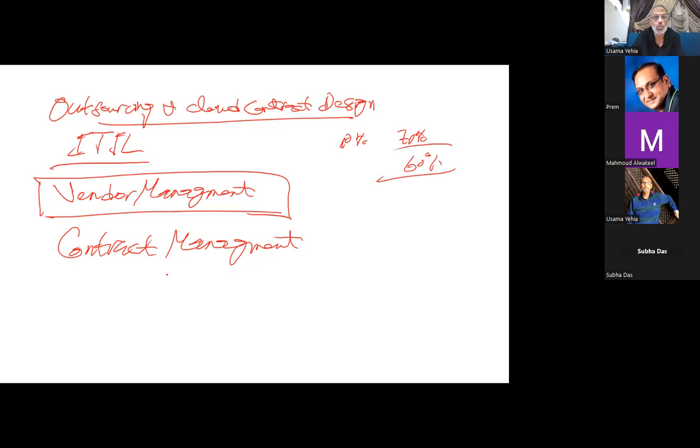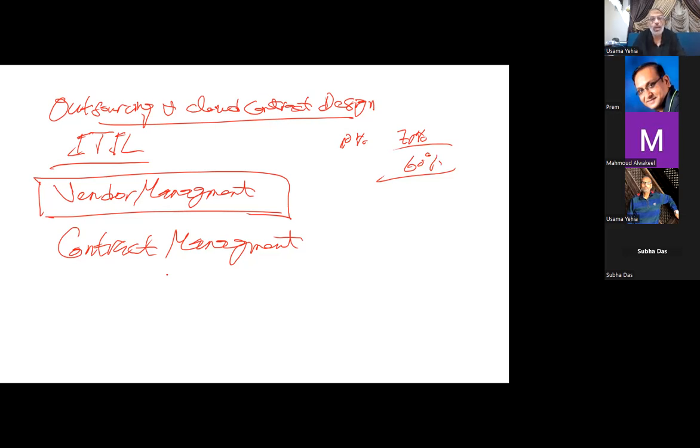Then these are the values which should be registered in the SLA management system, and reviewed regularly to understand the performance of the cloud service provider, and whether it is able to achieve these service level agreement requirements or not.